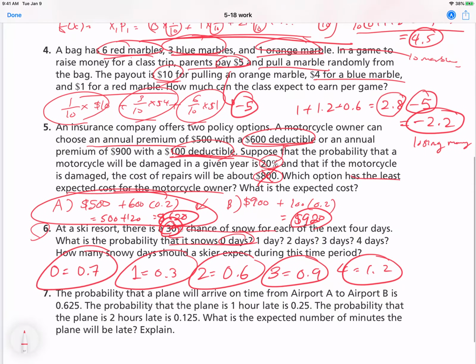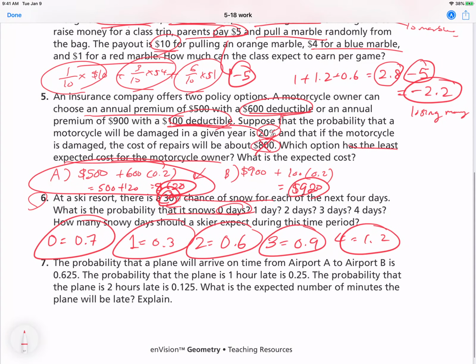Last question. The probability that a plane will arrive on time from airport A to airport B is 0.625. We have the probability that the plane is 1 hour late and the probability that the plane is 2 hours late, those respective probabilities, and the amount of time that the plane is going to be late by. This is 0 hours late, this is 1 hour late, and this is 2 hours late. What is the expected number of minutes? That was the key.